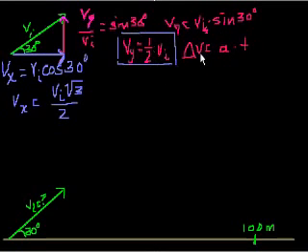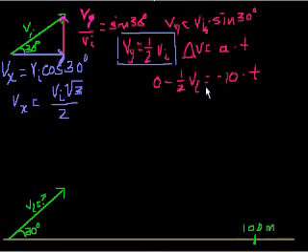Well, let's see. The change in velocity is 0 minus v sub y, which is my initial vertical velocity, the y-axis. So it's 1/2 v sub I. I just wrote this instead of this. And that equals acceleration. We're going to say minus 10 meters per second squared times time.